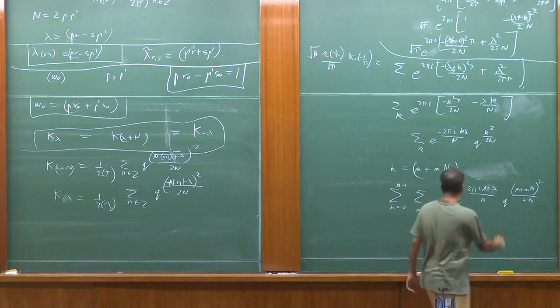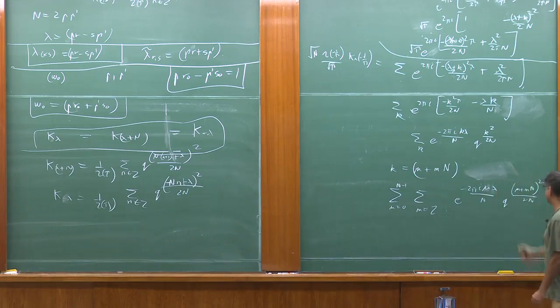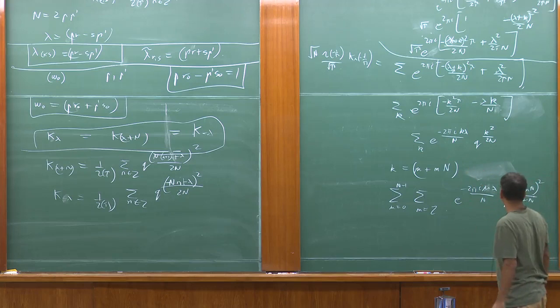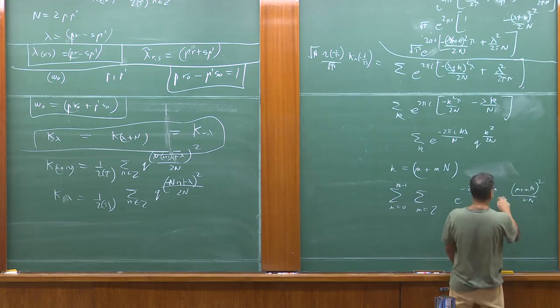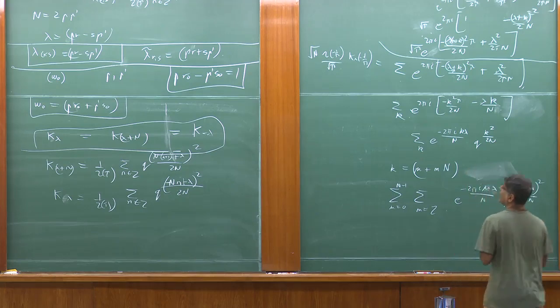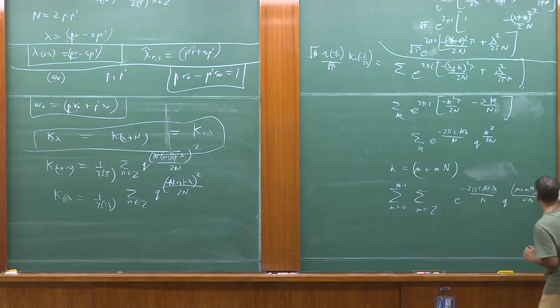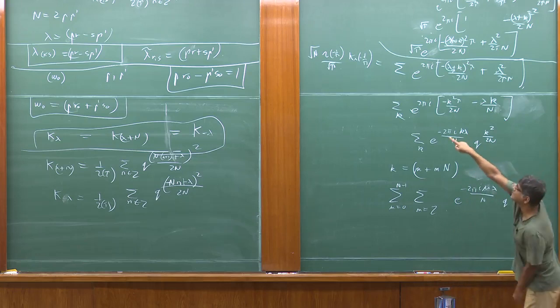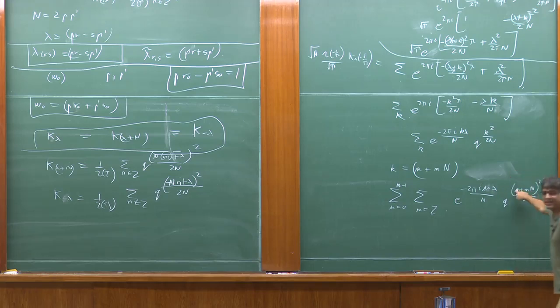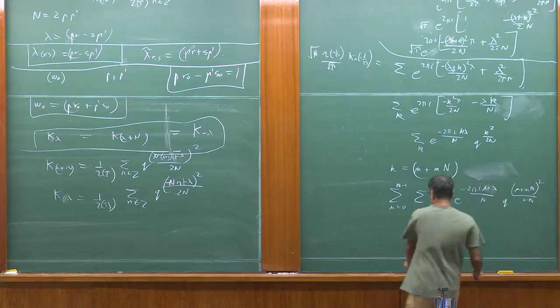But if we look back at that formula there, this sum over the m's is precisely that character with label mu.